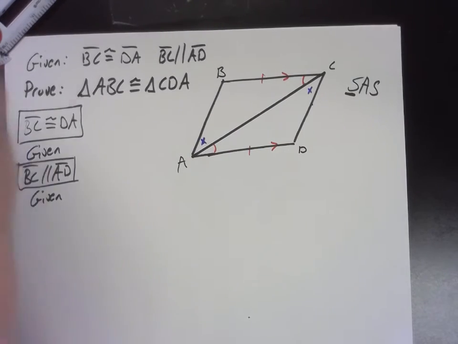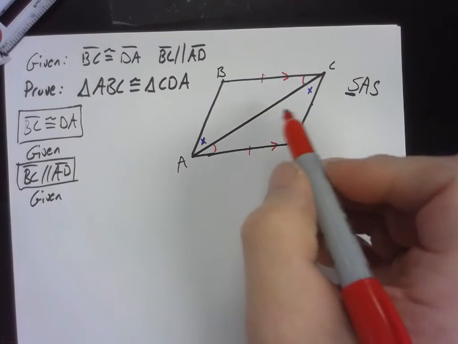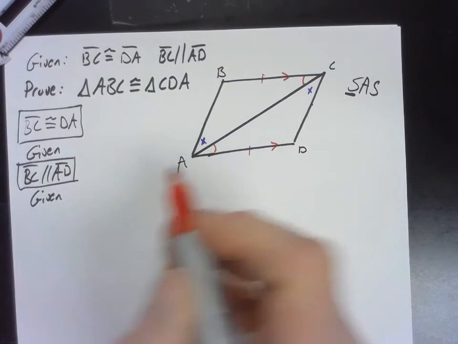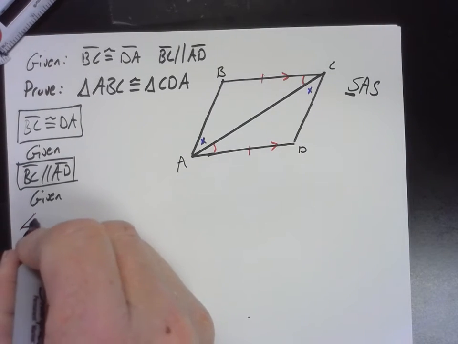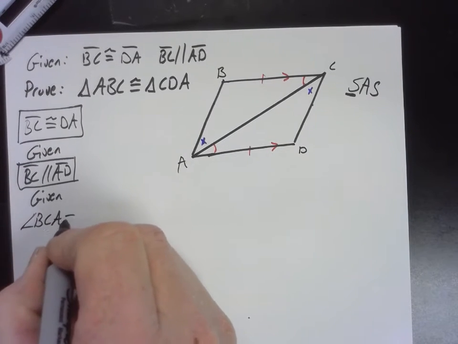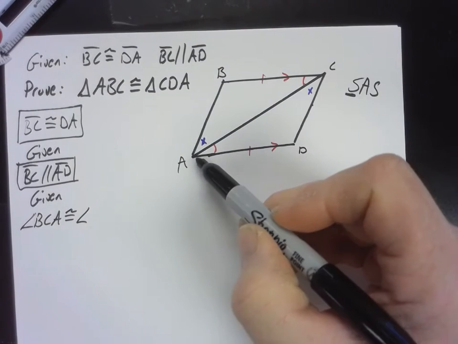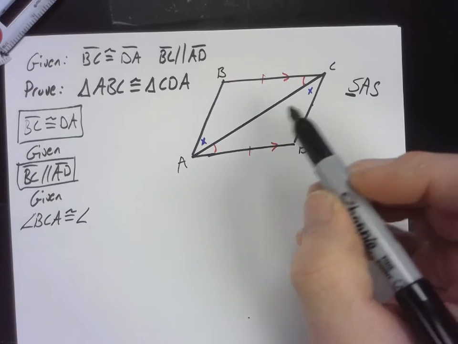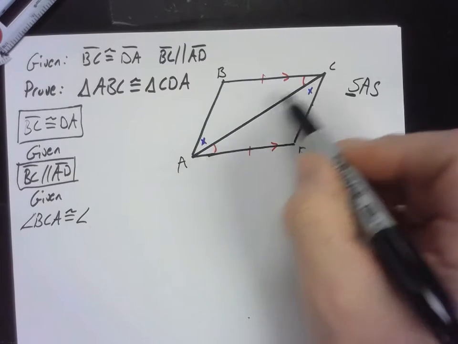So I think we can just say, let's see, what do we want to call them? Angle BCA, I better do this in black, angle BCA is congruent to angle... Now if I call this one BCA, then this one's got to be DAC, doesn't it?